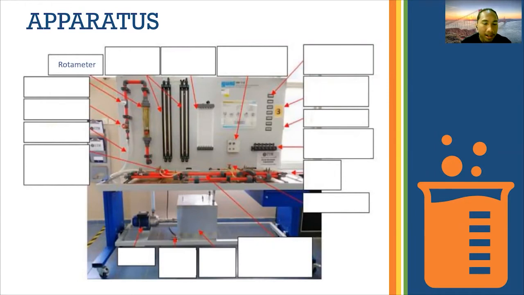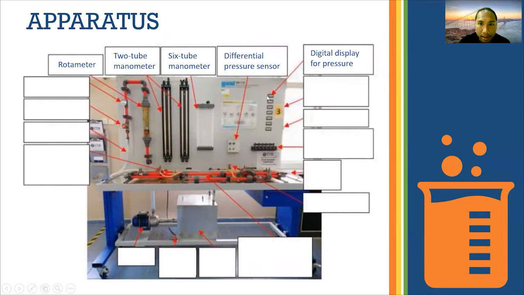The first one, as you can see, is the rotameter, the yellow one. The second one is the two tube manometer, the black one. Number three is the six tube manometer. Number four is the differential pressure sensor. Number five is the digital display for pressure, the square one.